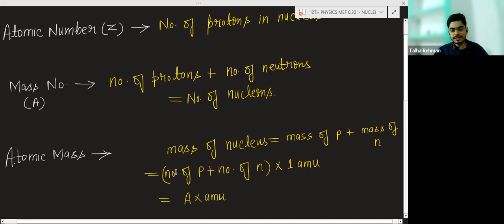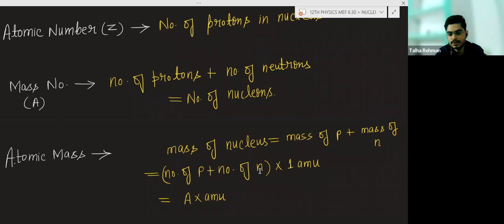Inside the nucleus, number of protons plus number of neutrons. And the mass of one proton and the mass of one neutron is 1 AMU. So you will multiply the number of protons plus neutrons with 1 AMU.